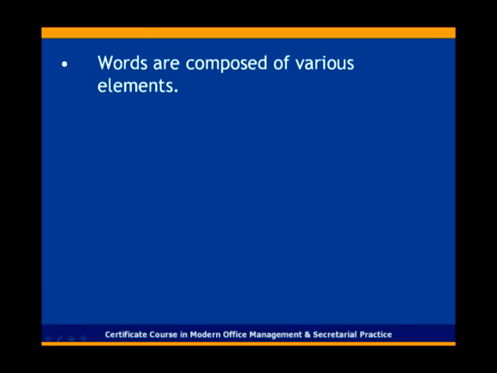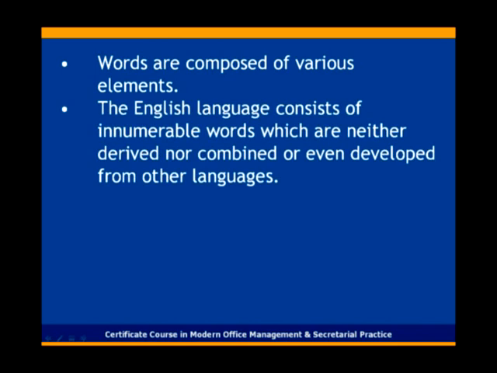You have understood by now that words are composed of various elements. The English language consists of innumerable words which are neither derived nor combined or even developed from other languages.